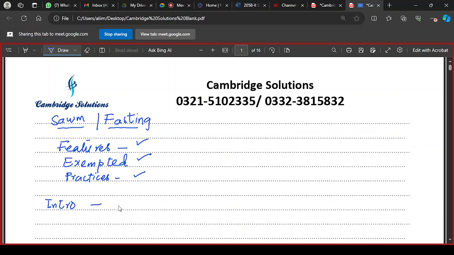In the intro, you will write the meaning. You will say that fasting is one of the important pillars of Islam, and it is called Saum. The Arabic word used for fasting is Saum, and Saum means abstinence, to abstain. In Islamic terminology, you have to define what fasting is.